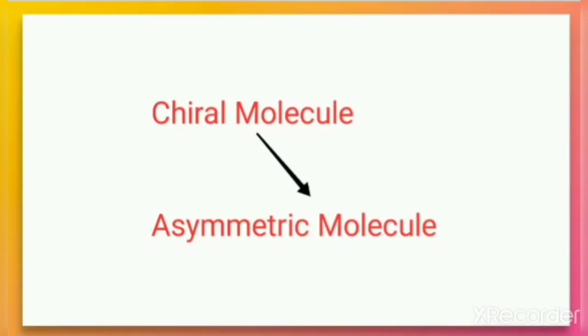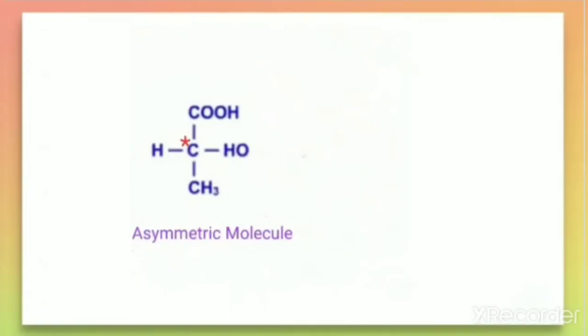Let us take one example. It is an asymmetric molecule because the carbon atom which is marked by a star is an asymmetric carbon atom, surrounded by four different atoms or groups of atoms. Such a molecule is an asymmetric molecule.